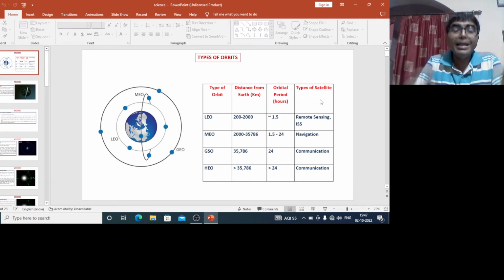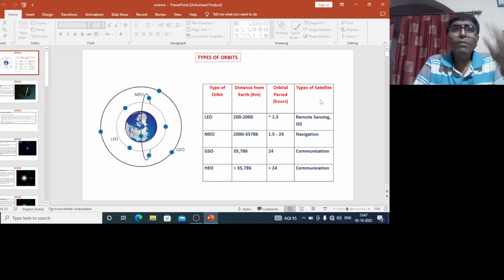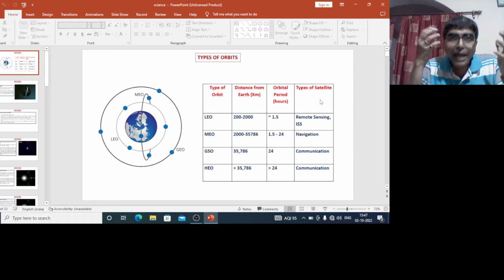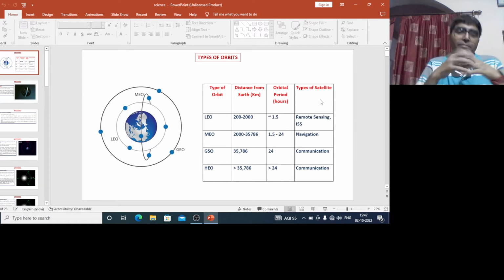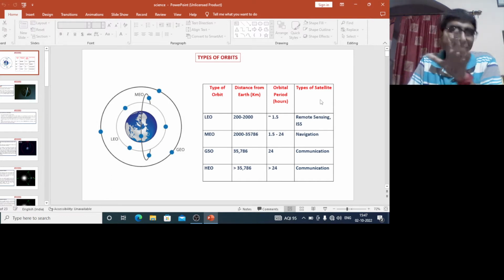If we go a little bit into depth, we will find that this 95% is composed of two things: dark energy and dark matter. Dark energy is expanding, and dark matter is contracting. These are the theories there.